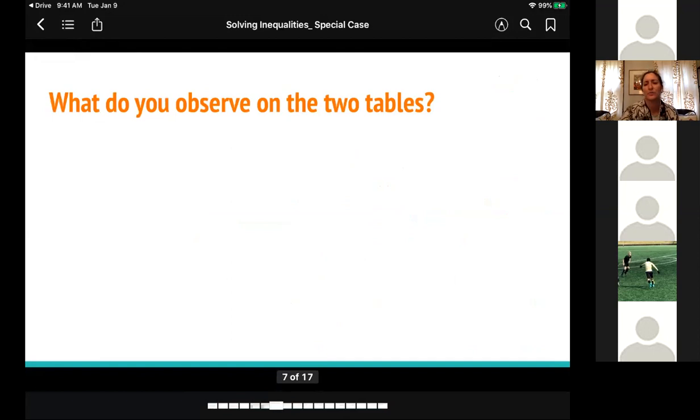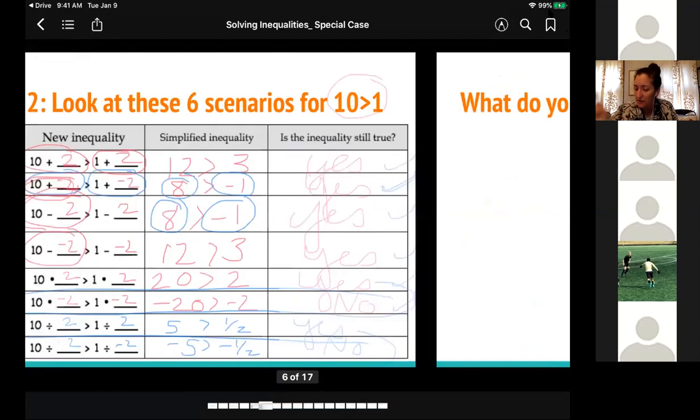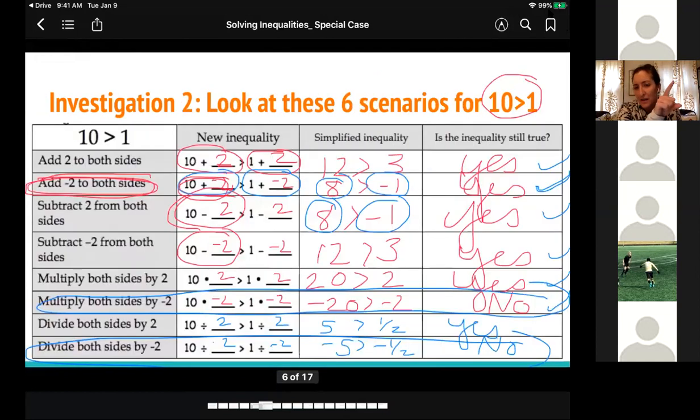When do we get the no's? When they're negatives. Yeah, and in particular, not just any negative, what operation with the negatives? Subtract.